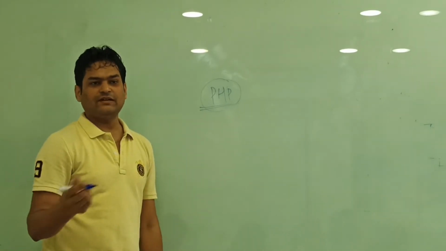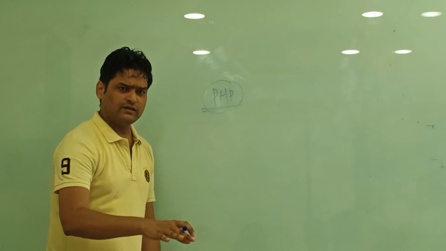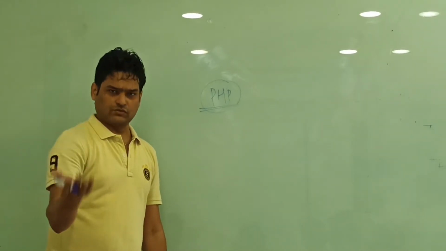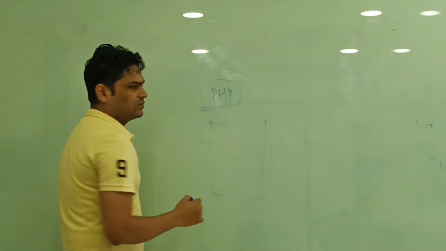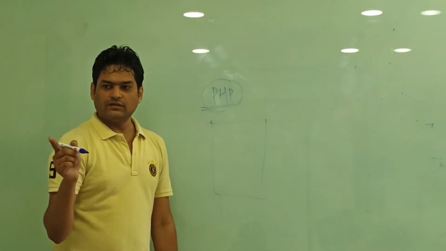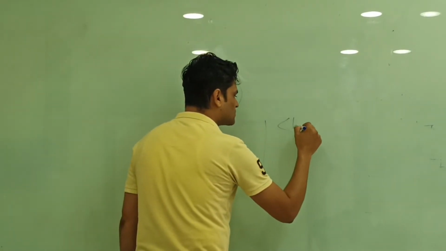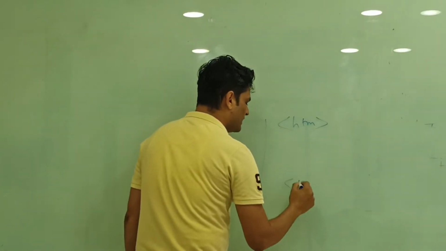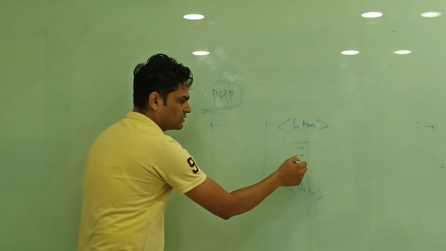In HTML, you can write this PHP code in any editor, either Notepad or Notepad++ or VS Code. When you start writing code in HTML, you have one tag called HTML open and HTML close, and in between you write all the codes.